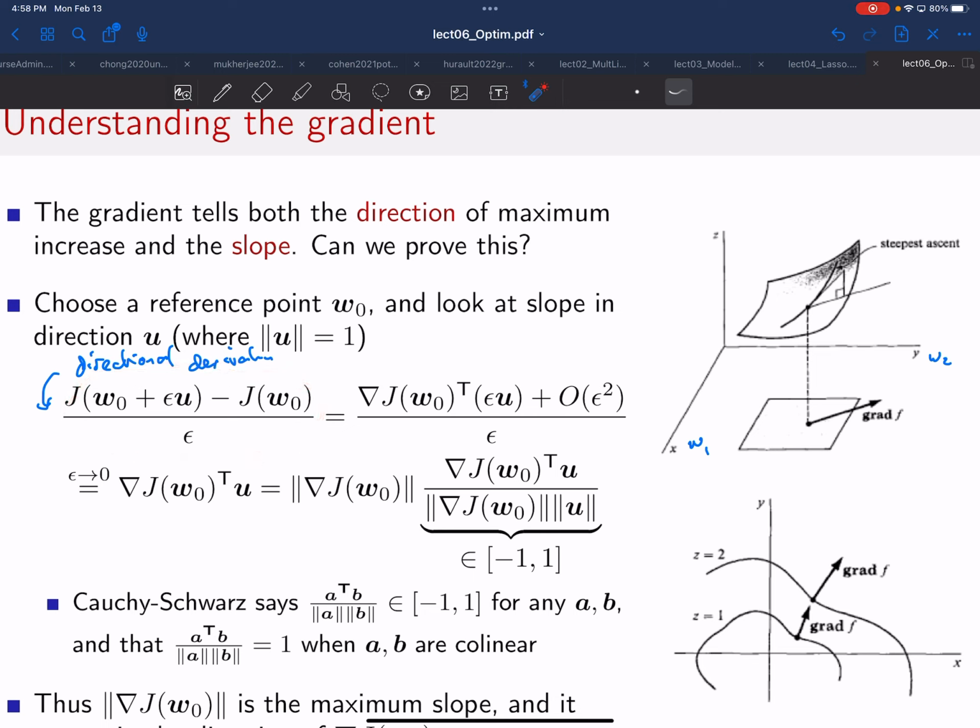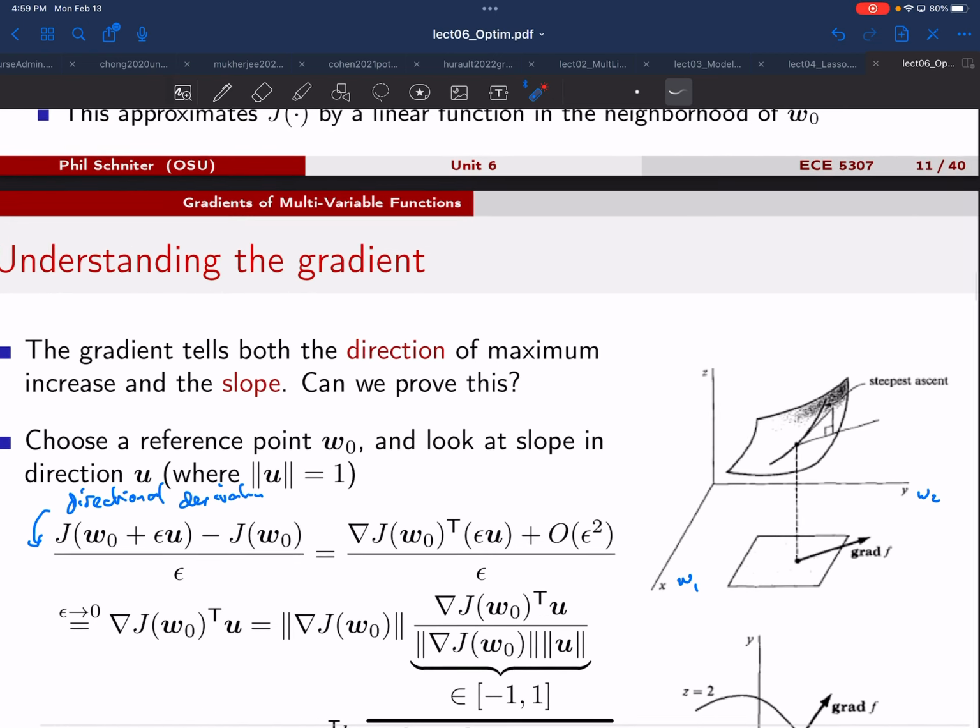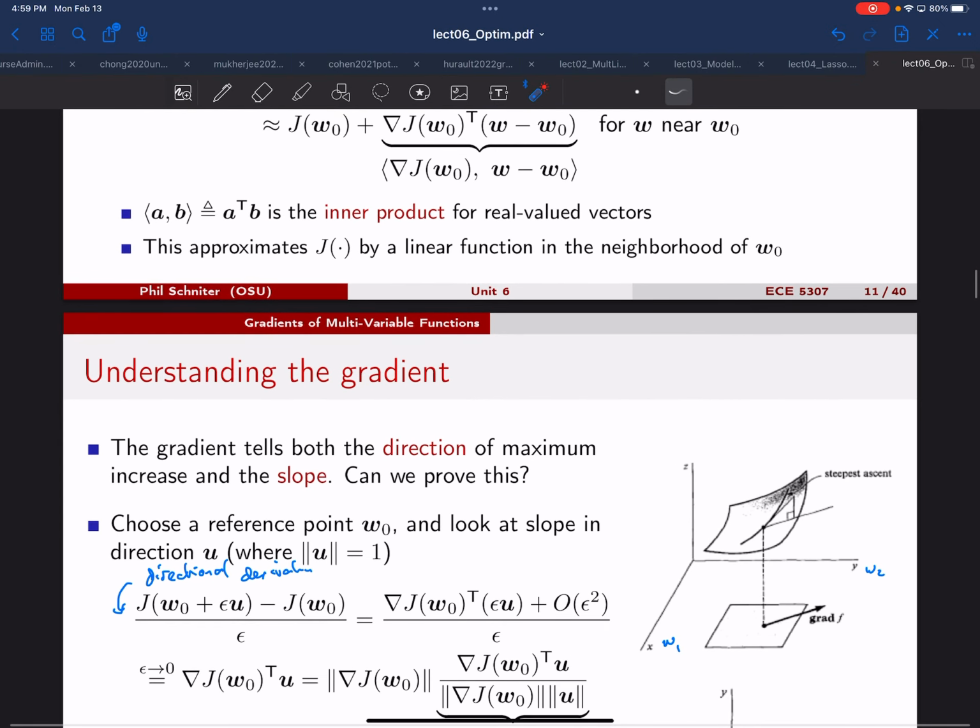Okay, so now what we can do is plug in the expression from the previous page. So this is a perturbation of J centered at this reference point, and this is how far I'm moving. On the previous page, I would call this W. So if this is W, then W minus W naught is just going to be this perturbation.